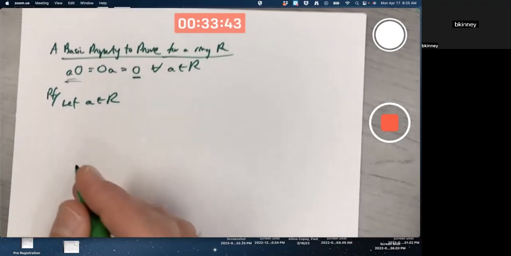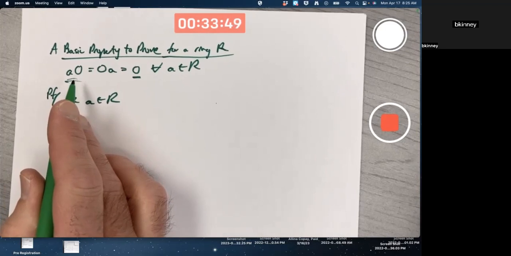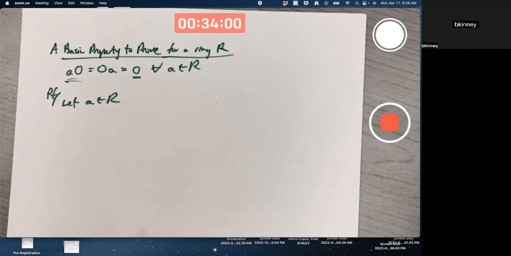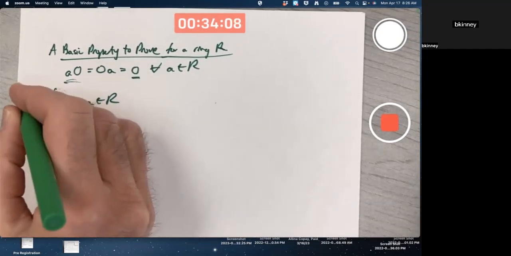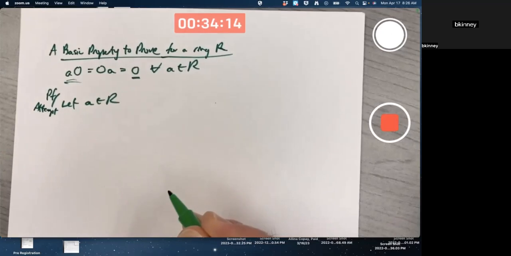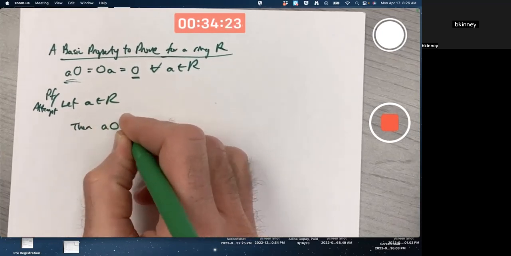Maybe I should try to add A times 0 to something. Maybe I should try adding it to 0. This is a proof attempt, maybe I should say. I'm going to go ahead and write down my idea, but maybe it's not a good idea, so maybe it's not really the true proof yet.